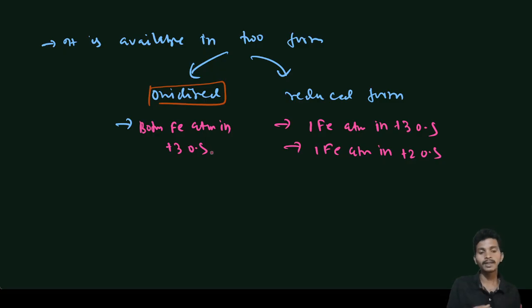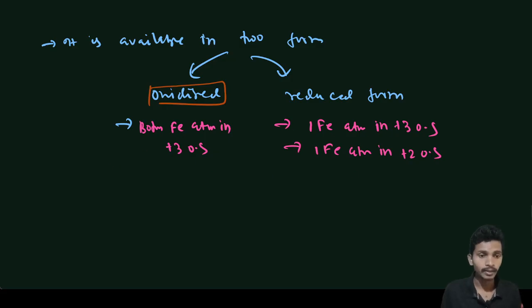So you remember that Fe is present, first condition, tetrahedrally. It means it is attached with 4 sulfur atoms, and Fe is always present in either +2 or +3 oxidation state in all non-heme proteins. These are the general things. It cannot exist as +4 or +5. Wherever Fe is present, it is attached with 4 sulfur atoms. Those are the two conditions for non-heme proteins. For the oxidized form, both Fe are in +3 oxidation state. For the reduced form, 1 Fe is in +3 and 1 Fe in +2 oxidation state.